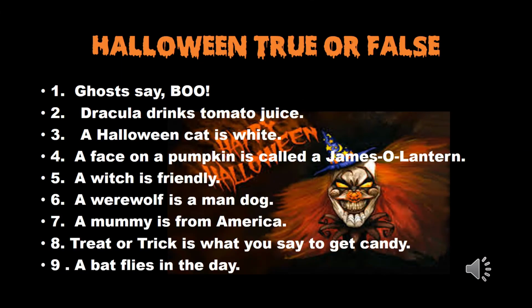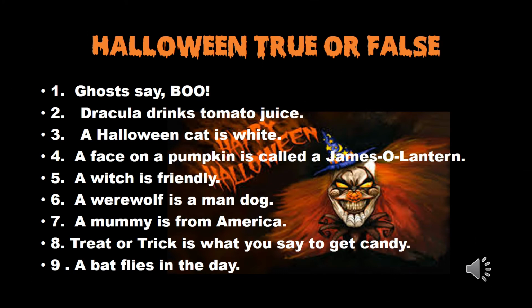Slide 14. Halloween, true or false? 1. Ghosts say boo. True or false? True, of course. But in Japanese, ghosts say wa. Number 2. Dracula drinks tomato juice. We know that's false. 3.